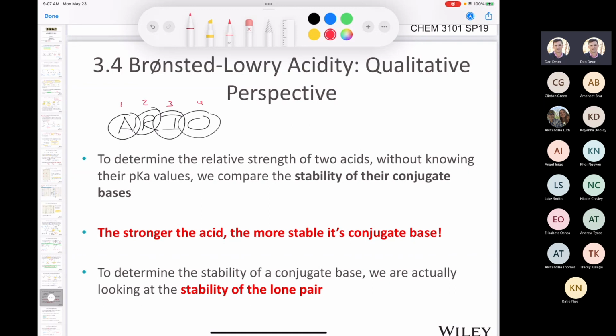And again, we use this acronym to compare the relative stability of bases. So not acids. We're looking at bases, but we know that the more stable a base is, the stronger its conjugate acid, and the less stable a base is, the weaker its conjugate acid. And that's what we're going to look at after our break.